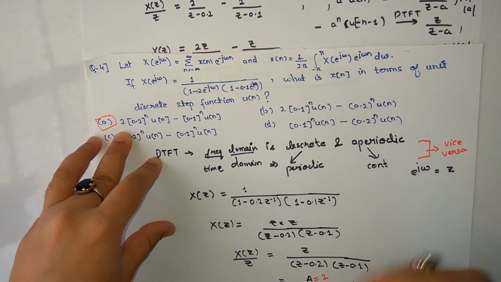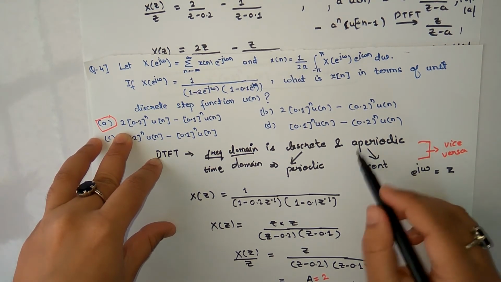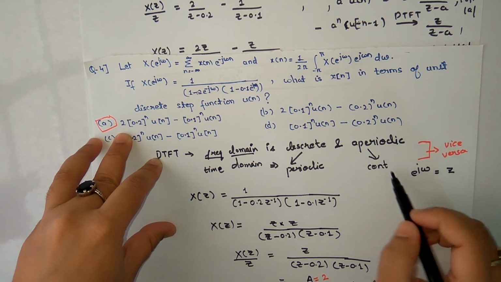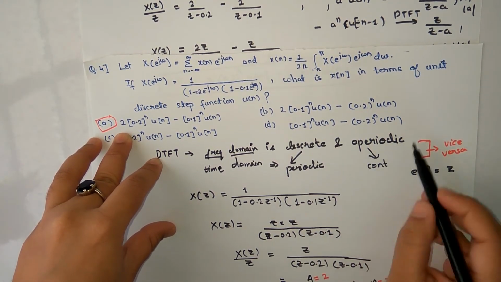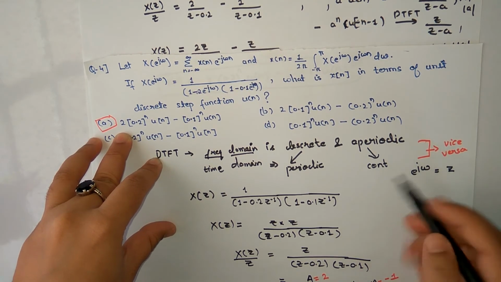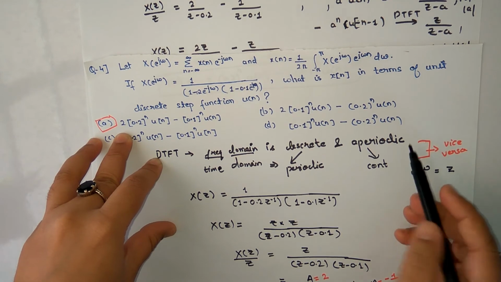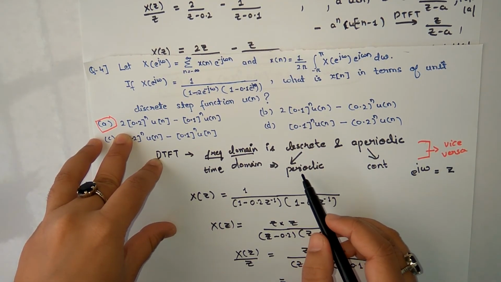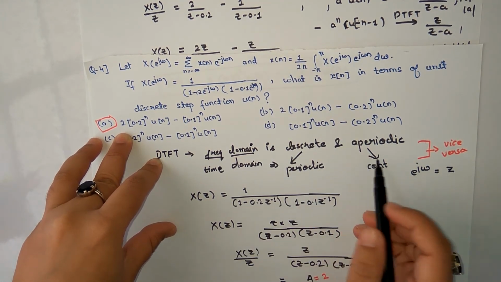And similarly, if a signal is aperiodic in one domain, then in the other domain it corresponds to continuous nature, and this is vice versa. So discrete leads to periodicity and aperiodicity leads to continuous nature. Similarly, if a signal is continuous in one domain, in the other domain it will be aperiodic, and likewise if it is periodic in one domain, it will be discrete in the other domain. I hope this is clear. Thank you.